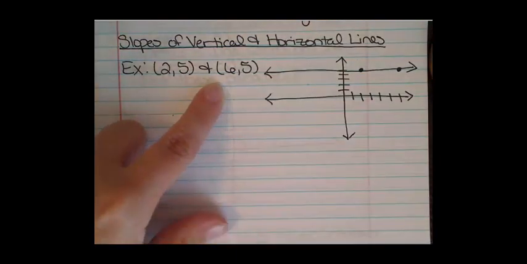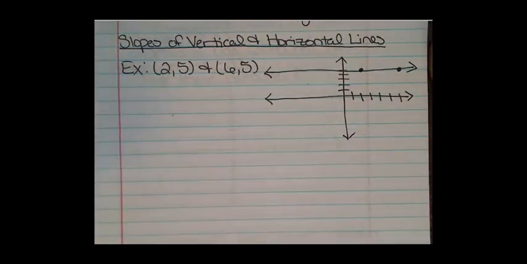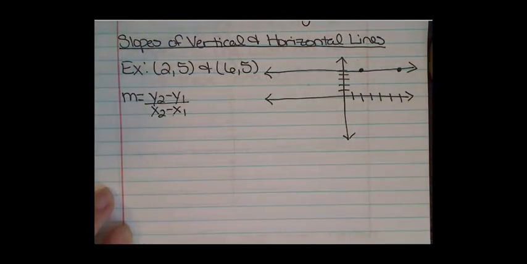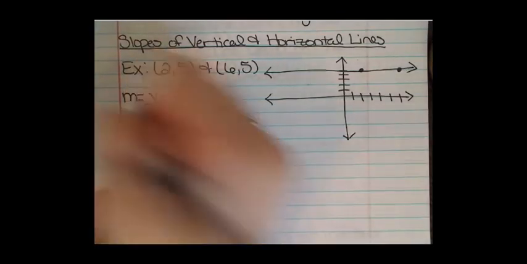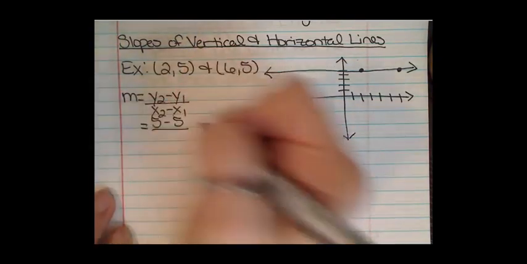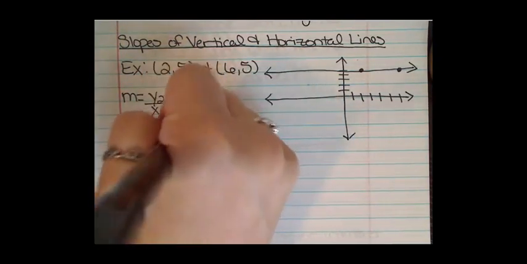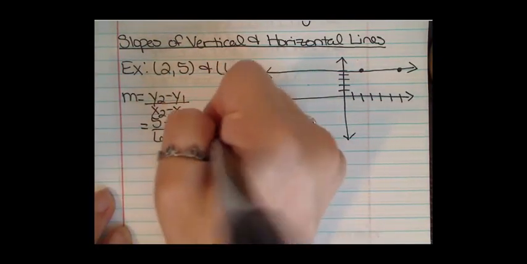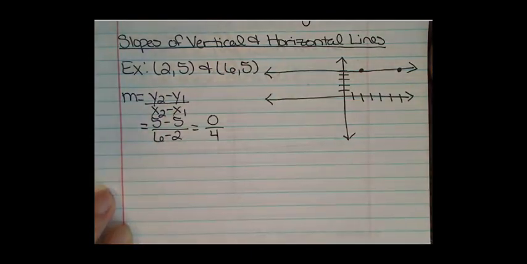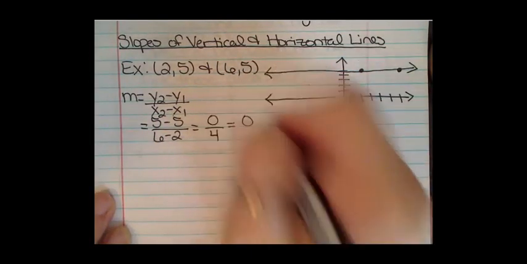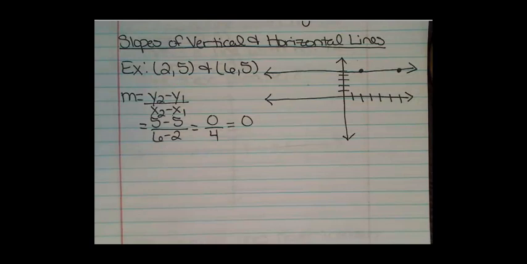Now let's find the slope of that using our equation. M equals y2 minus y1 over x2 minus x1. So our y2 is 5, our y1 is 5, and then we have 6 minus 2, so 0 over 4. 0 divided by 4 is going to be 0. And hopefully that makes sense.